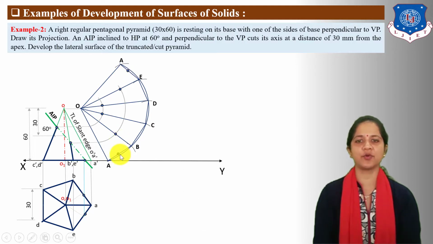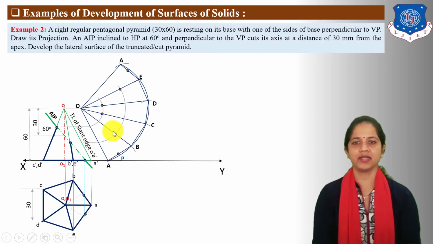Next, mark cutting points in development as P, Q, R, S, T and U. Similarly, mark cutting points in front view as P dash, U dash.